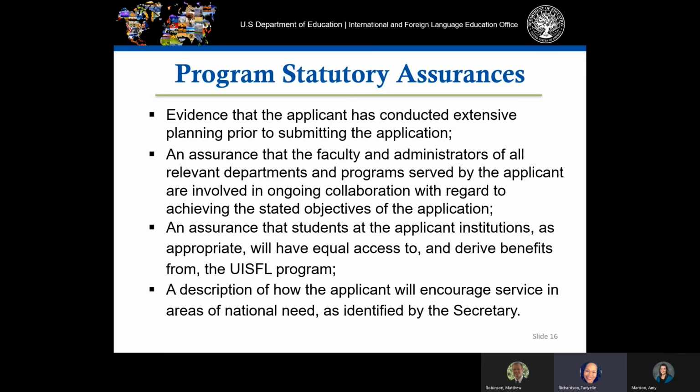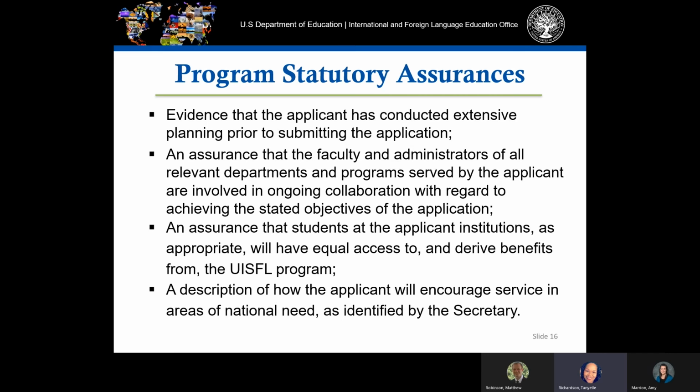Program statutory assurances. The program requires you to meet the following statutory assurances: evidence that the applicant has conducted extensive planning prior to submitting the application, and an assurance that faculty and administrators of all relevant departments and programs served by the applicant are involved in ongoing collaboration with regard to achieving the stated objectives of the application.